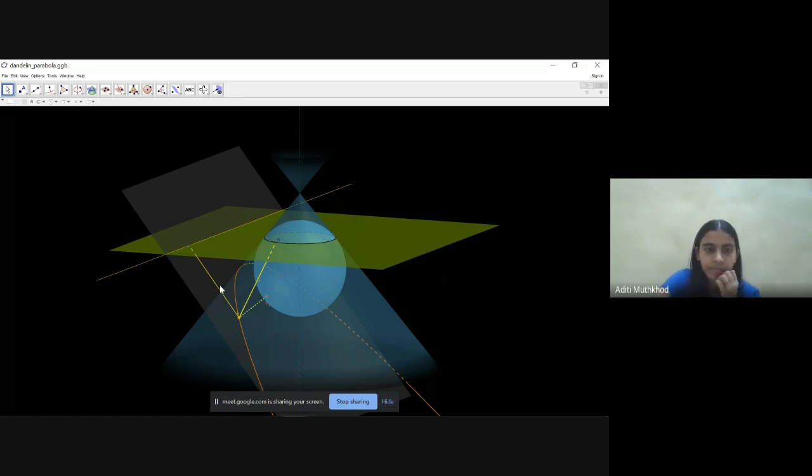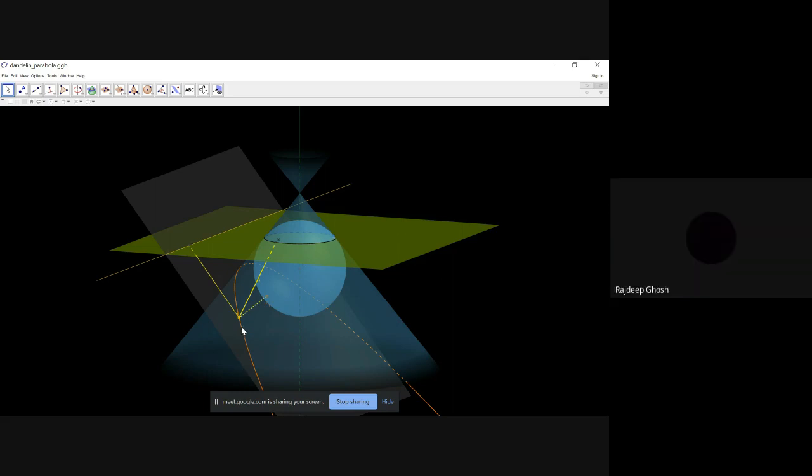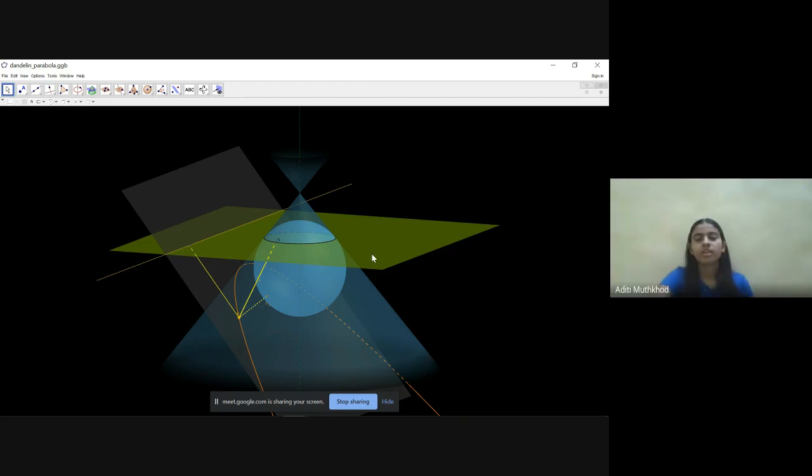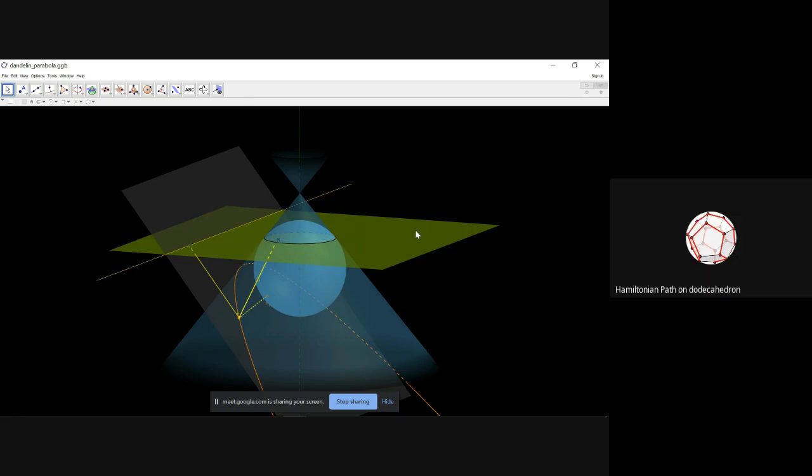But we are guessing that this is the directrix, like how we were guessing that this is the focus. The part that I don't get is how did we get the yellow plane, or the green plane, whatever? So this plane is the plane of the circle of tangency.